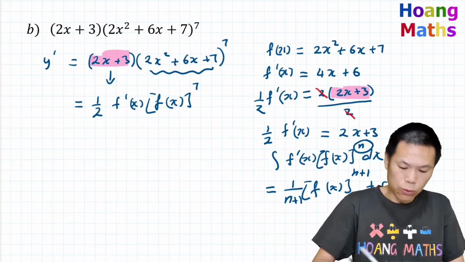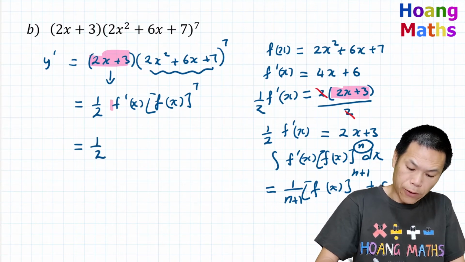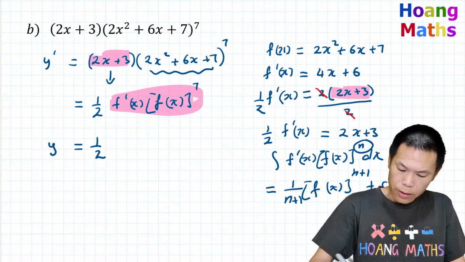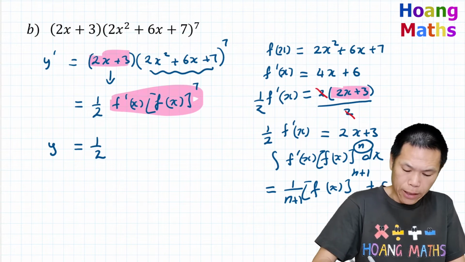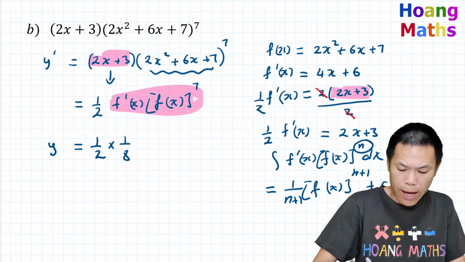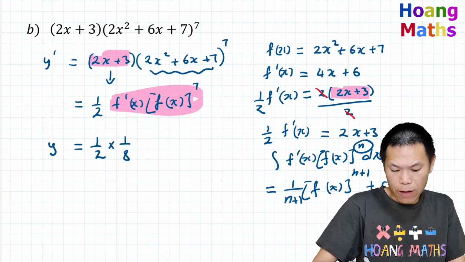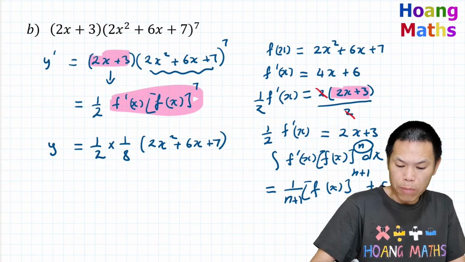So therefore, this will give me a half. And then to integrate this, so y equals, n plus 1. So n is 7, so plus 1 is 8. So we times by 1 over 8 times f of x to the power of 8. So f of x is 2x squared plus 6x plus 7, to the power of 8.